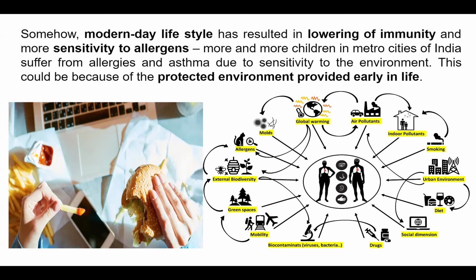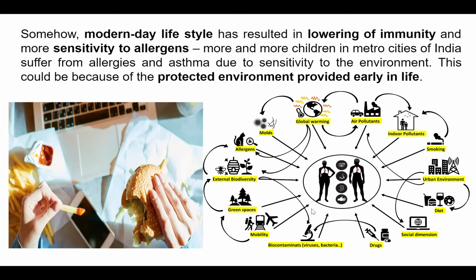In earlier days, when people were small, they were let out into the environment and be very friendly with the environment, so that when they grew up, they were more and more strong. They had a higher immunity. Presently, the children are very sensitive to allergens.